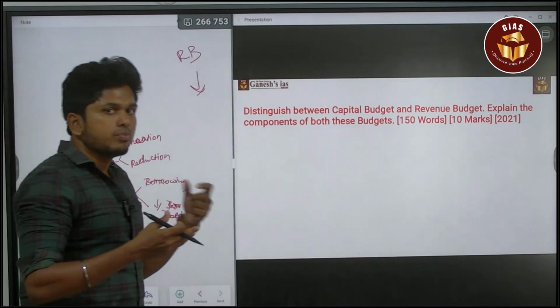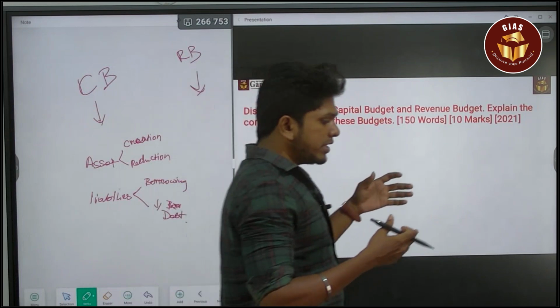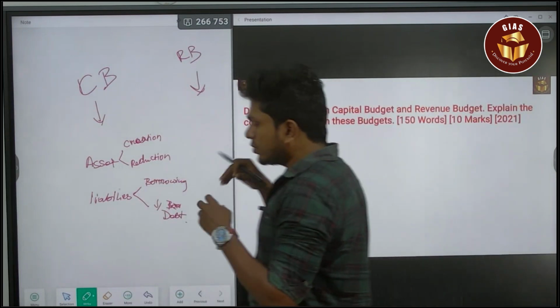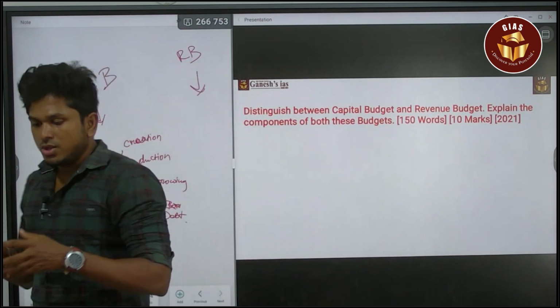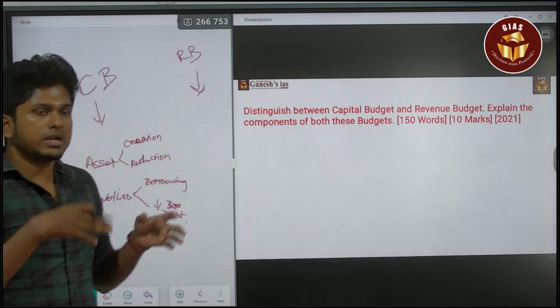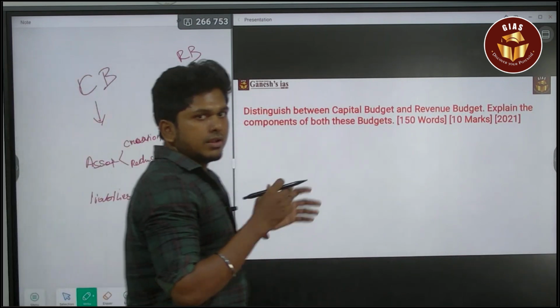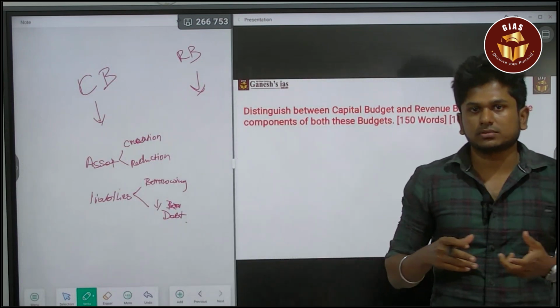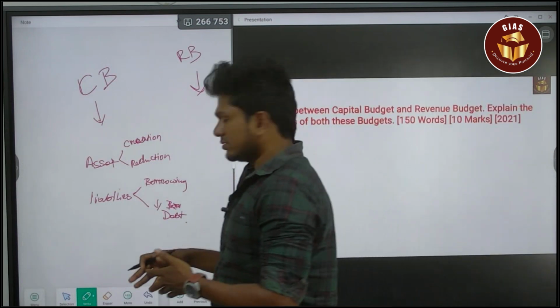That is the more important thing you need to follow in this question. When you address the first part of the question, you have to continuously address the second part, because the first is about distinguishing features and the second is to explain the components. So continuously you can do that.